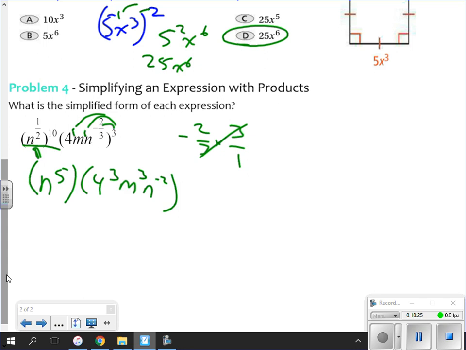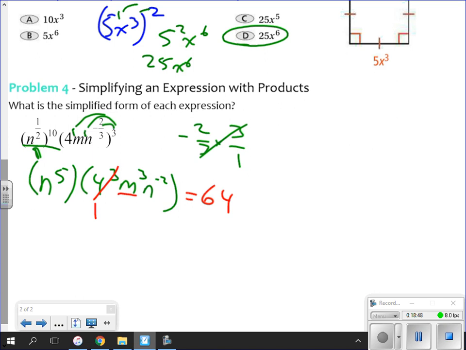So our numbers by themselves should go out front. So we have 4 cubed. You can do that on your calculator. The 4 cubed is 64. So I've got that one taken care of. Now I should do it alphabetically and put m on there.